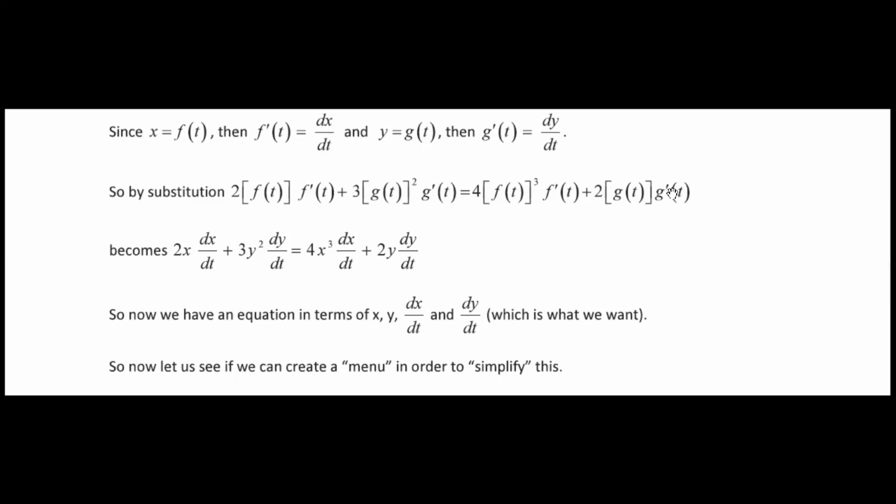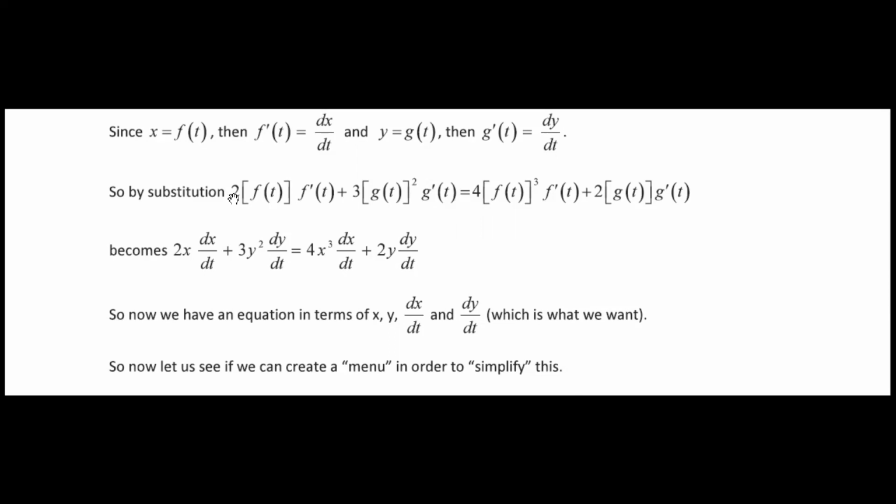Everywhere there's an f of t, we're going to put an x. And everywhere there's an f prime of t, we're going to put a dx/dt. Everywhere there's a g of t, we're going to put a y. And everywhere there is a g prime of t, we're going to put a dy/dt.